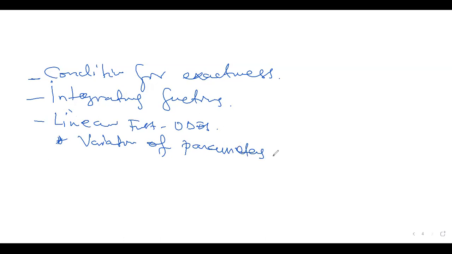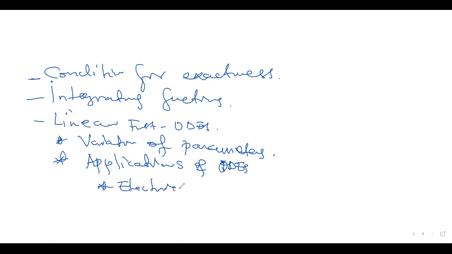Okay. And finally, we shall end our exposition for first order differential equations by looking at applications to an electronics or an electrical engineer. Okay. And under this, we shall look at electric circuit applications. Okay.